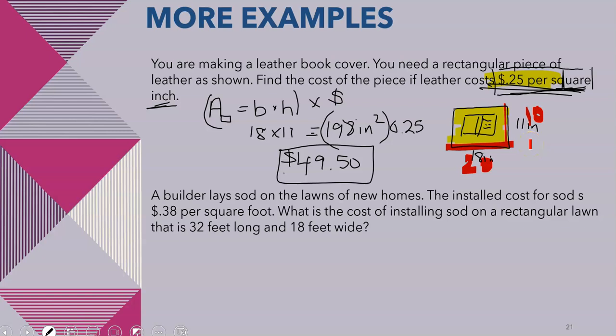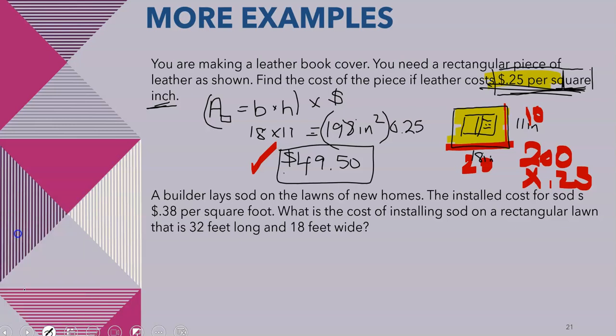Find the area of a 20 by 10 piece, which is 200. Then we're going to remember that each one of these is a quarter. So times that by a quarter, and we'll get $50. So is our answer close to $50? Yes. So it makes sense.